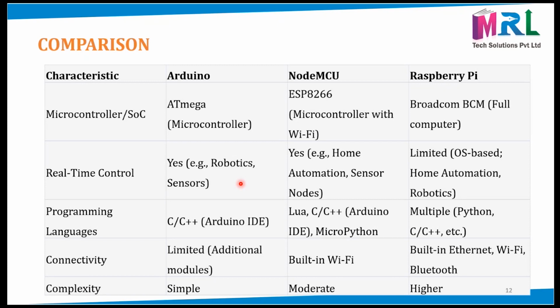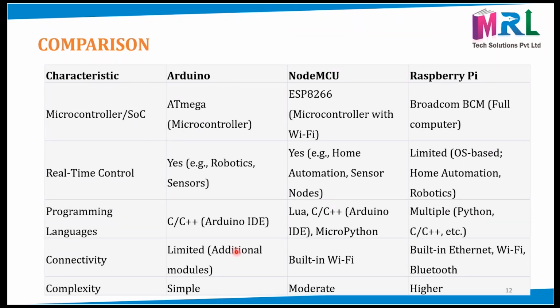And the programming languages in these three embedded development kits: Arduino uses C, C++, and in NodeMCU they utilize C, C++, and MicroPython, whereas in the case of Raspberry Pi, we can use C++, Python, or C. In Linux also we can use this. And connectivity in Arduino, to add Wi-Fi we need to add one more module.